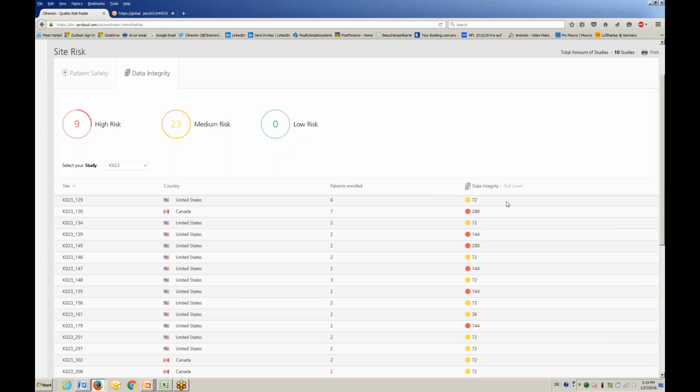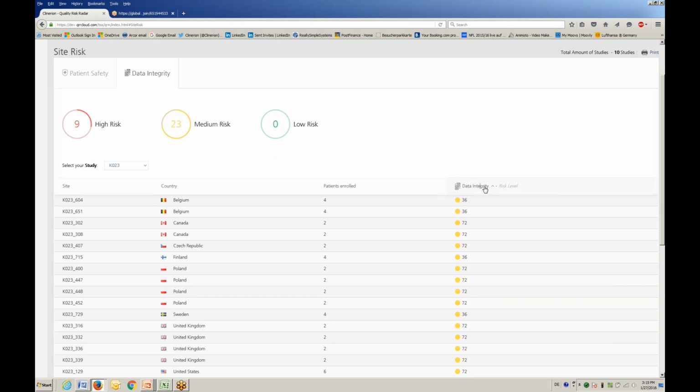We also have the first indication of the results of the risk assessment, so the risk level. If I filter on that, I can very quickly see which sites are at high risk at the moment. And in particular, you can also immediately see the overall risk score of each site.